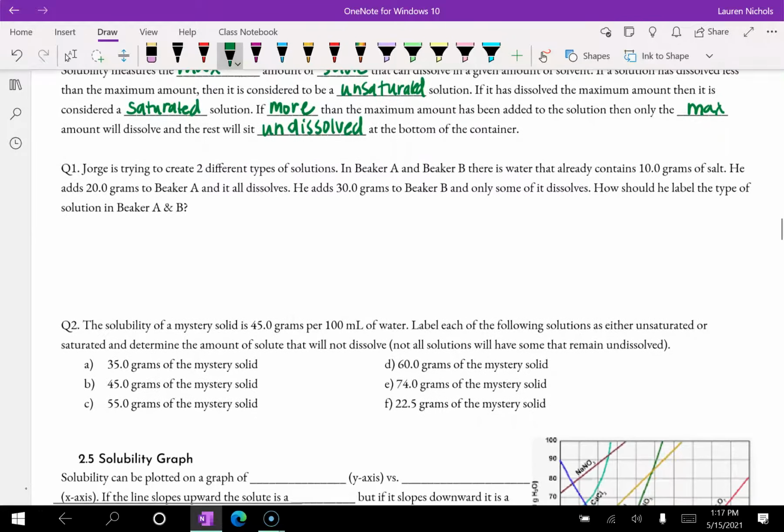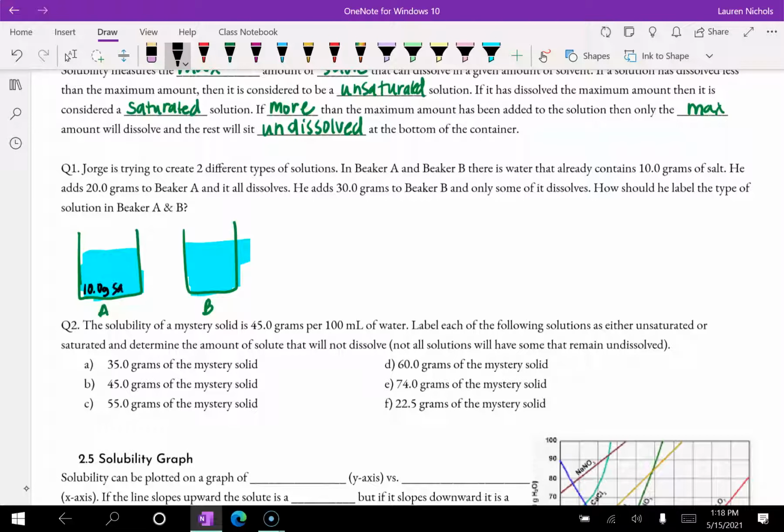So if we look at question 1, it says Jorge is trying to create two different types of solutions. In beaker A and beaker B, there is water that already contains 10 grams of salt. Okay, so I like to draw things out when I have it. So we've got beaker A and beaker B, and it's got some water in it, so I'm going to use this as my water, and they've already dissolved 10 grams of salt.